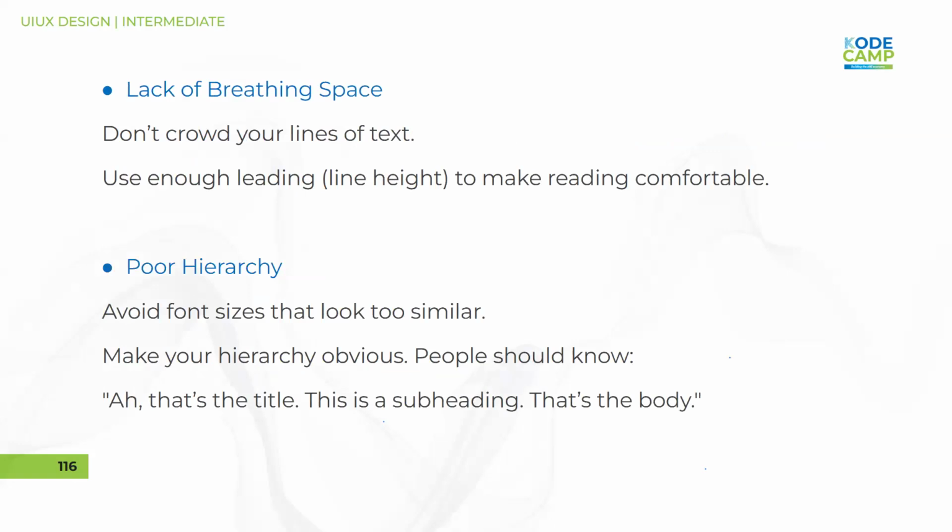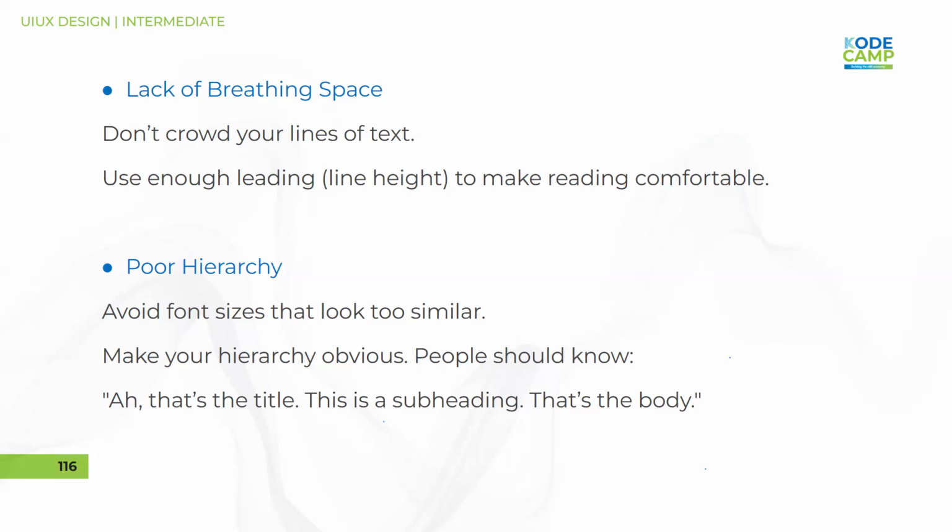The second one is lack of breathing space. Don't crowd your line with text. That is where we use leading, which in Figma is called line height. Use it to make reading comfortable. And the third is poor hierarchy. Avoid font sizes that look too similar.